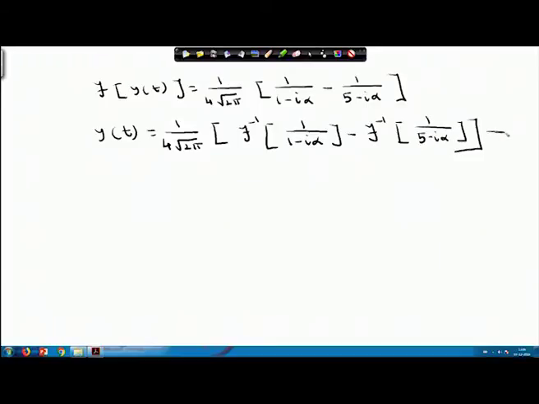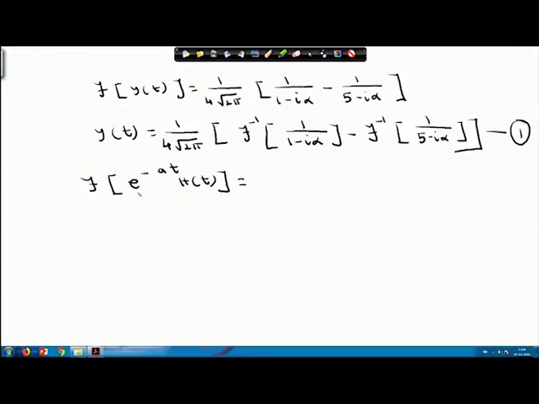So, this is equation 1, and once I know the value of the Fourier inverse of 1 by 1 minus I alpha or the Fourier inverse of 1 by 5 minus I alpha, I can always tell what will be y t. To find the value of this Fourier inverse, let us start with this integral, e power minus a t into h t, where again I am repeating, h t is nothing but the unit Heaviside function.